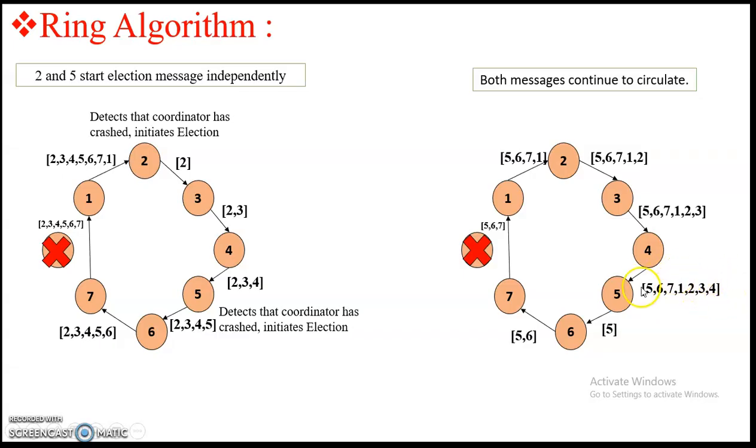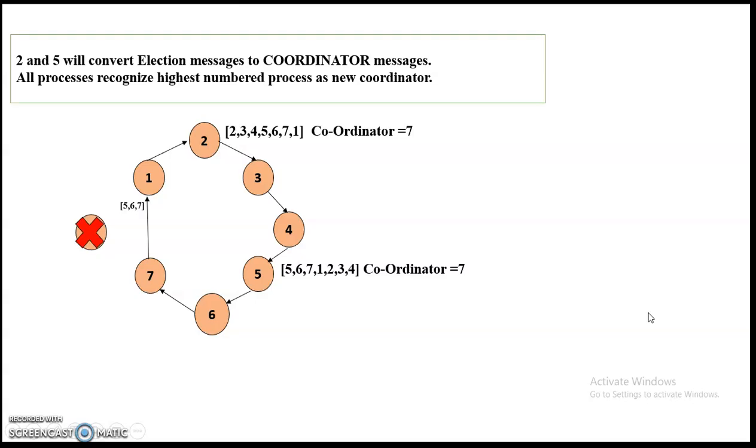Now just check the contents: which is the highest process? 7. So 5 also understands that 7 is the new coordinator because it is the highest process in the queue. 2 and 5 will convert this election message to coordinator messages, and all processes recognize the highest number process as the new coordinator.